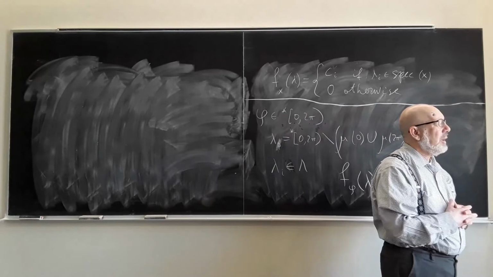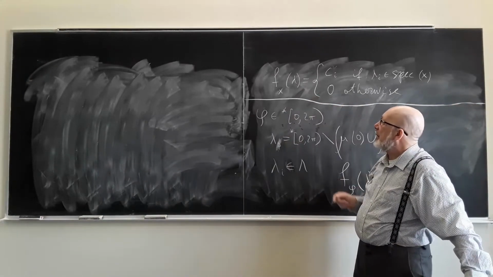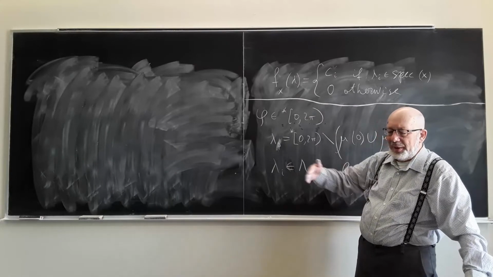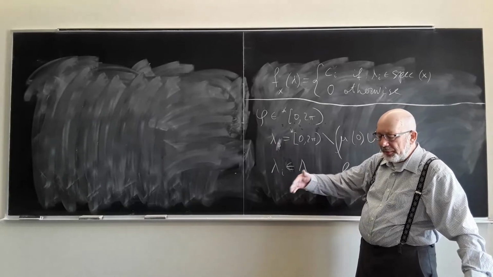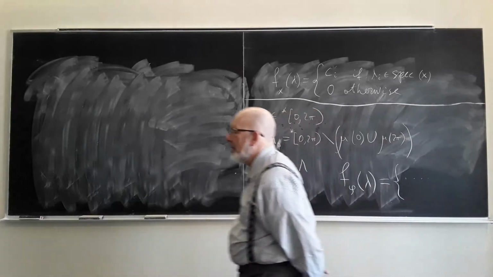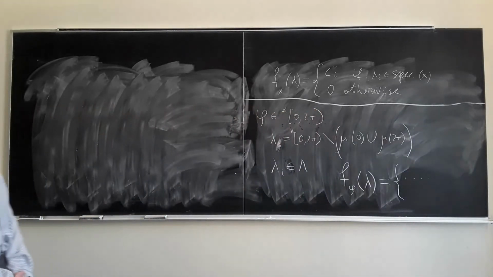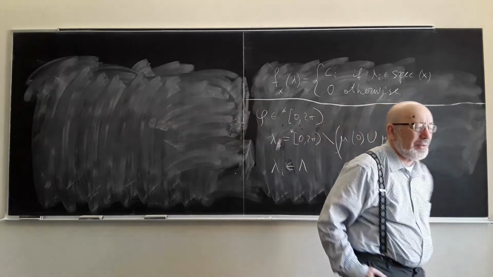Here we have the function which is defined on the space lambda. It is the set of equivalence classes of our function. We want now to identify this set, the set of radii where rho is changing, or at least some factor set of it.